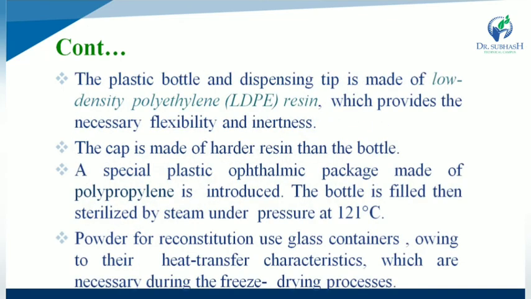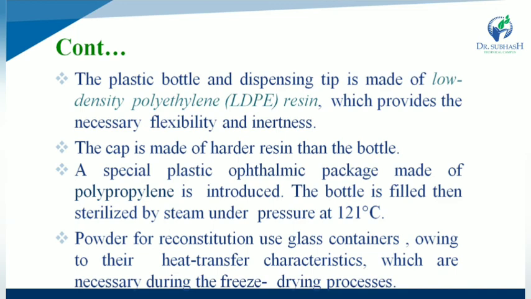Next, plastic bottles and dispensing tubes are made of low density polyethylene resin, which provides the necessary flexibility and inertness. The cap is made of a harder resin than the bottle.